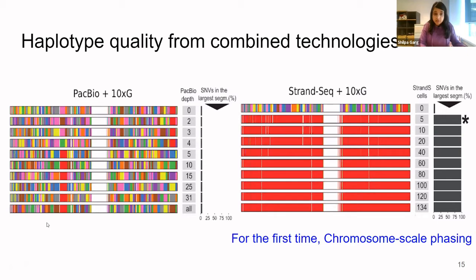Whereas what we want is one color throughout, which means we have one haplotype through the whole chromosome. So then I combined StrandSeq with 10x data, and here we, for the first time, produced a chromosome scale phasing. As you see, there is one red color through the whole chromosome.